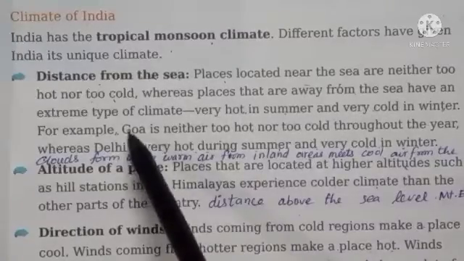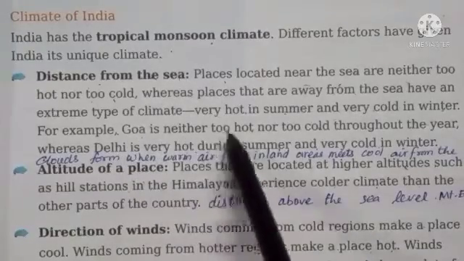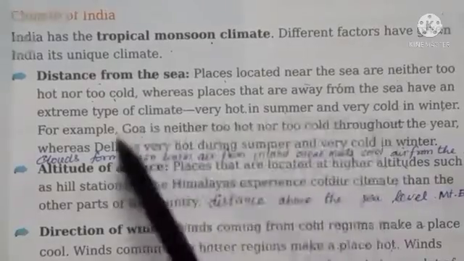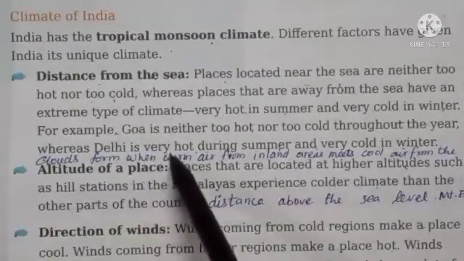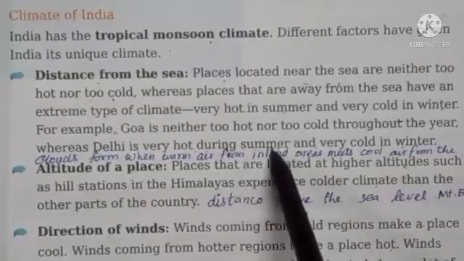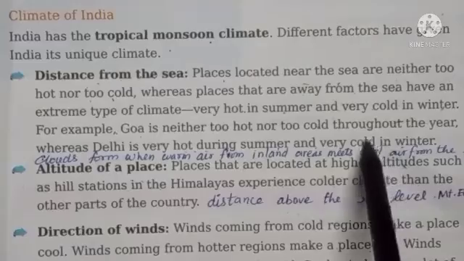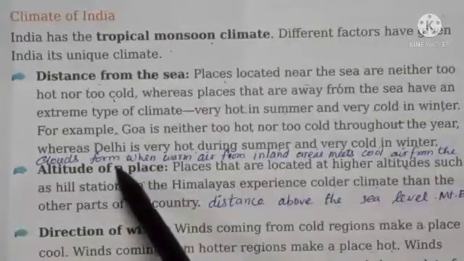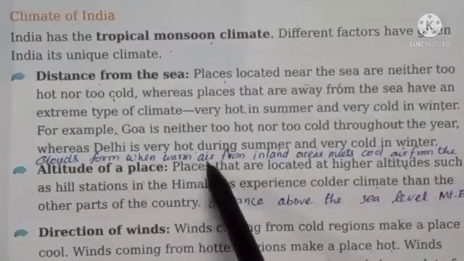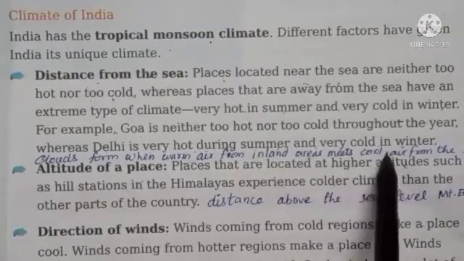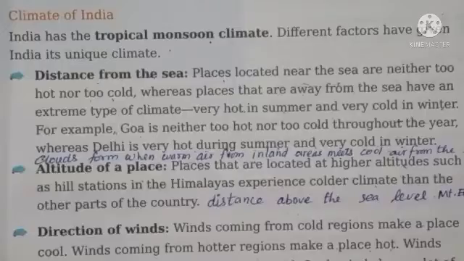For example, Goa is neither too hot nor too cold throughout the year, whereas Delhi is very hot during summer and very cold in winter. Clouds form when warm air from inland areas meet cool air from the sea.